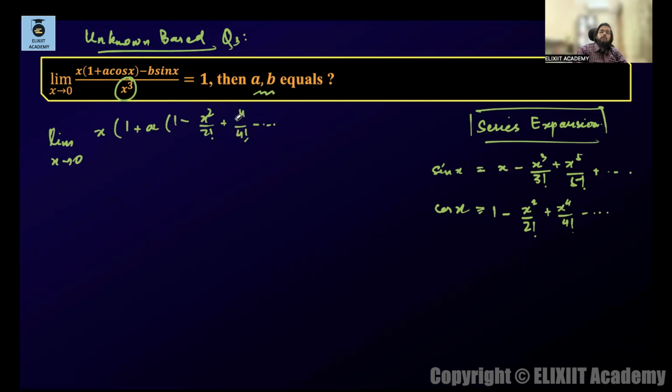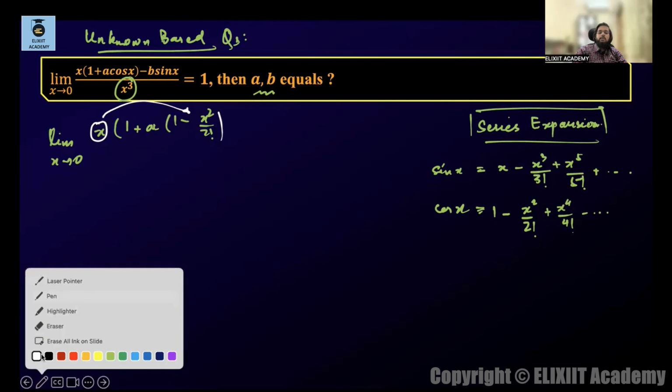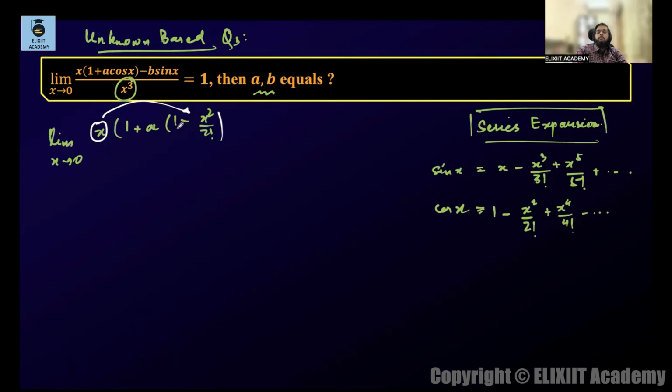We'll expand only till here. Why? Because outside we already have one x over here, so x times this quantity will make it x cube. And in the denominator we already have x cube. So we'll keep only 1 minus x squared divided by 2 factorial. Not more than this, okay?